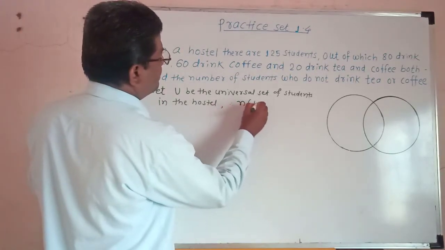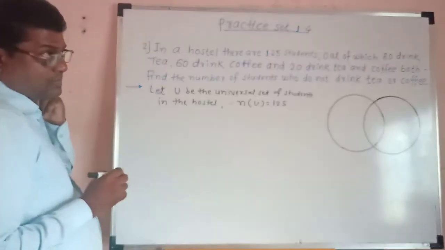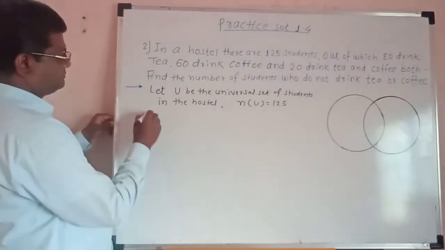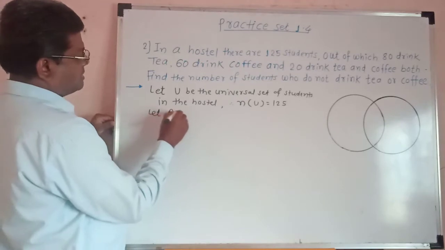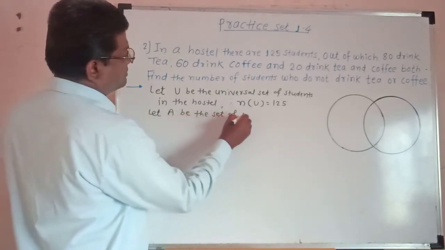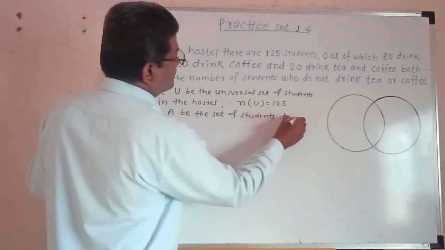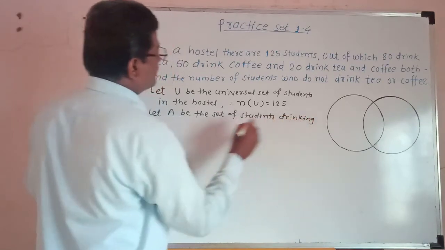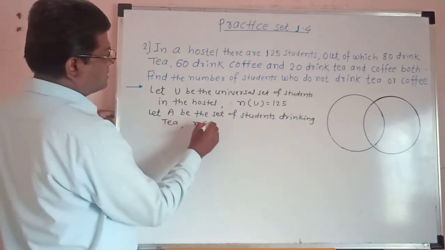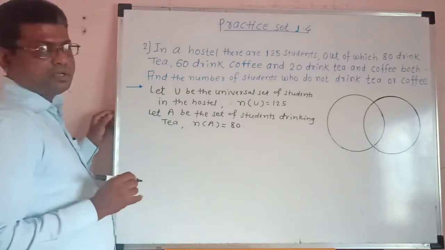Therefore, we write n of U is equal to 125. 80 students drink tea. Let A be the set of students drinking tea. Therefore, we write n of A is equal to 80.